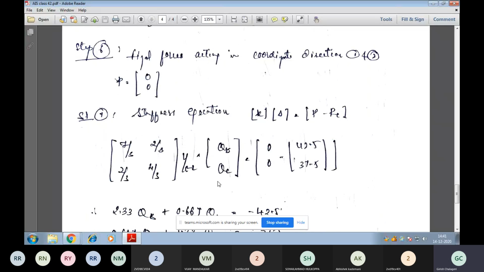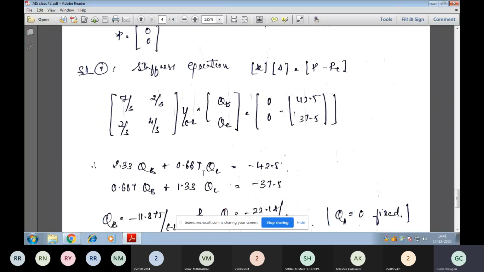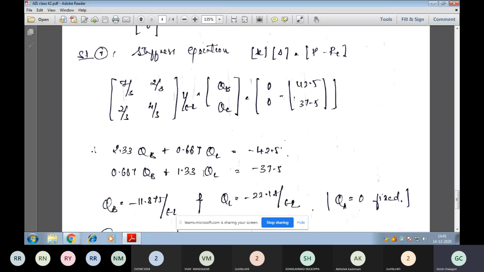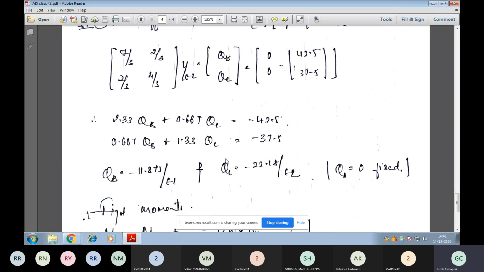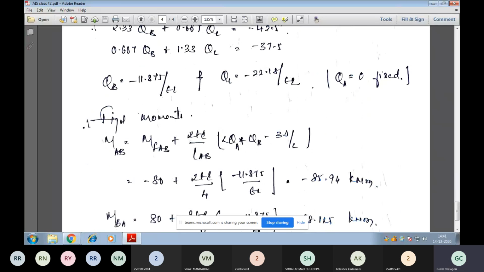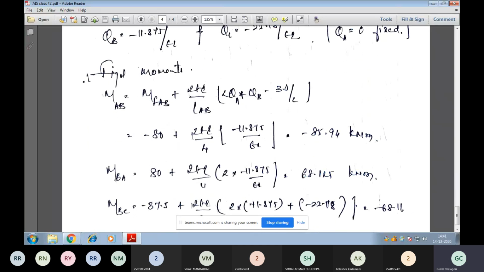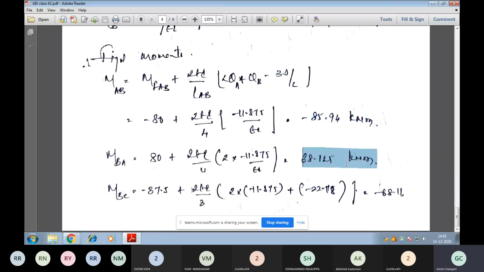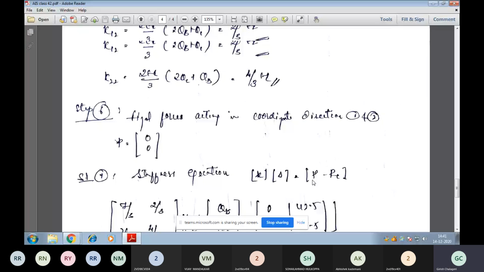Once we get this whole equation, using a calculator, find the unknown rotations at B and C. Once we have the rotations at B and C, we can get the final moments by taking into consideration the slope deflection equations. Substitute these values in slope deflection, we get the final moments. Once you get the final moments, you need to draw the BMD and SFD. So this is all regarding the first method.